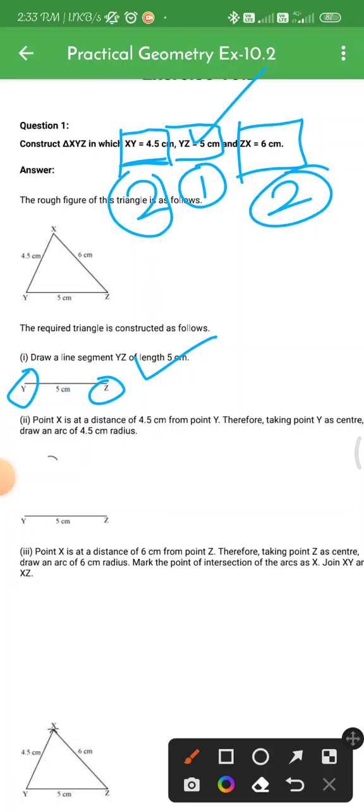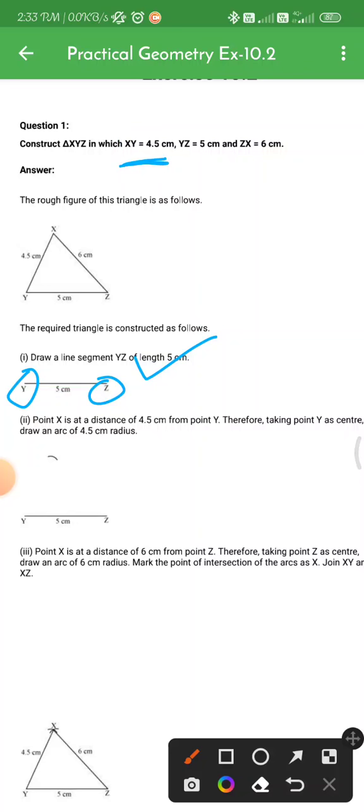Take a measurement for the arc of XY equal to 4.5 centimeter. If you have a scale, from the scale you take a measurement of 4.5 centimeter. See here, Y is here, so X should be in that area.